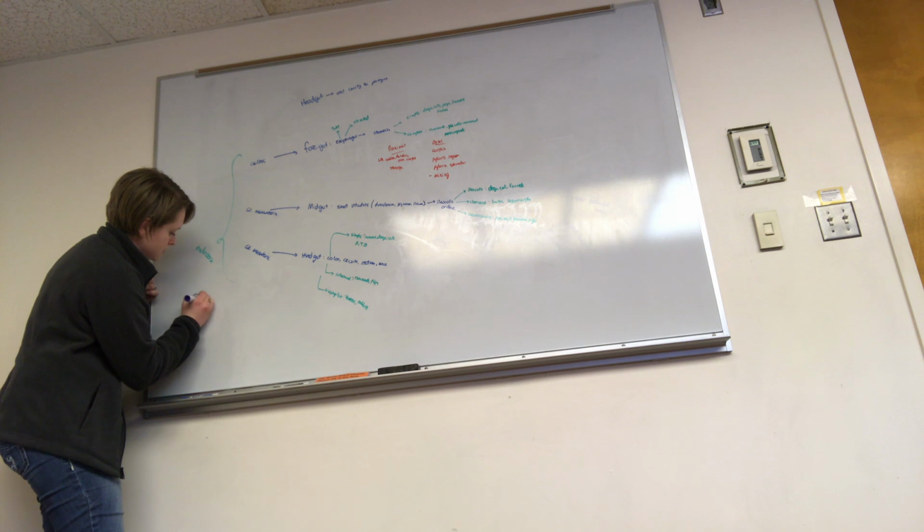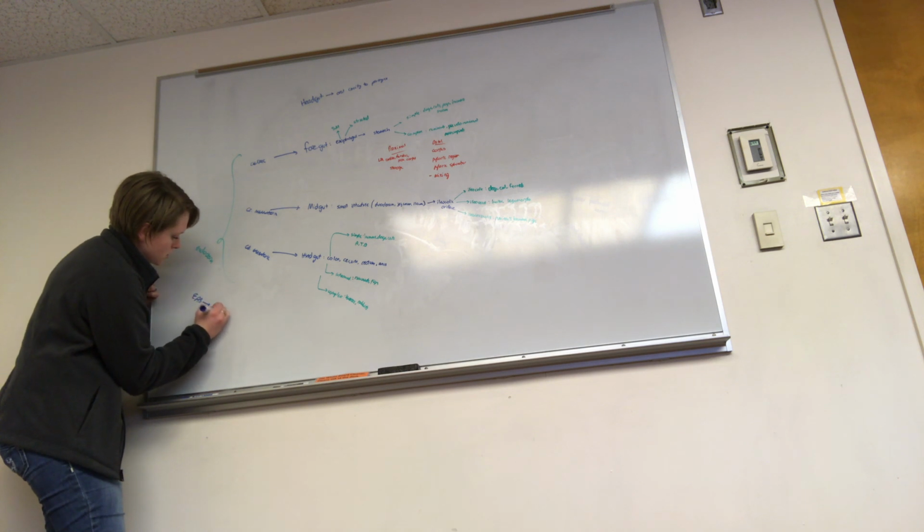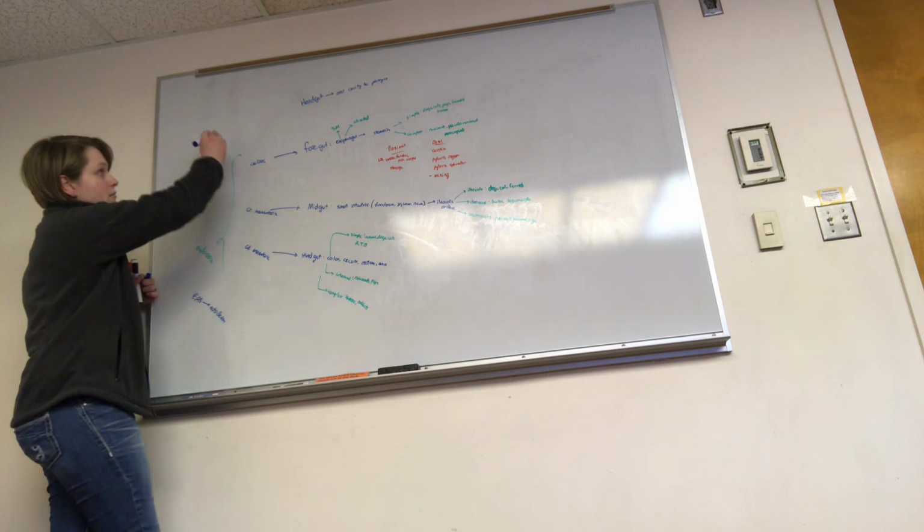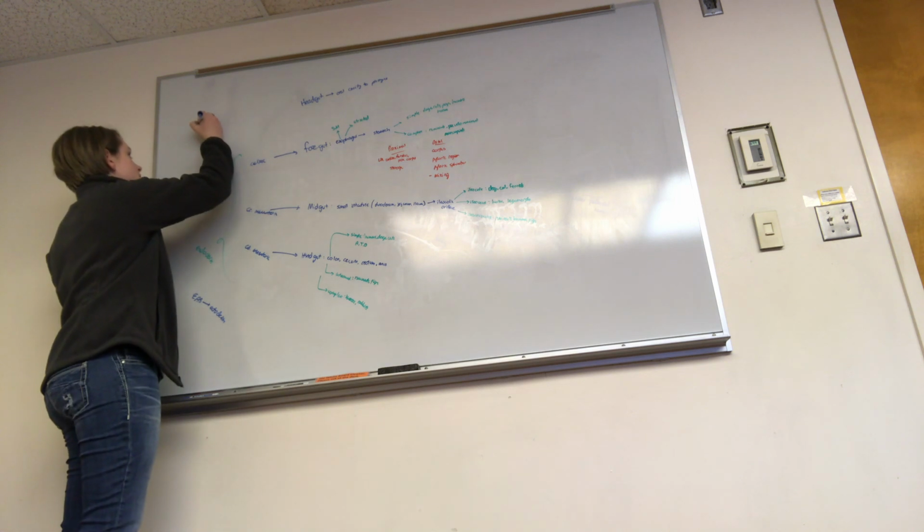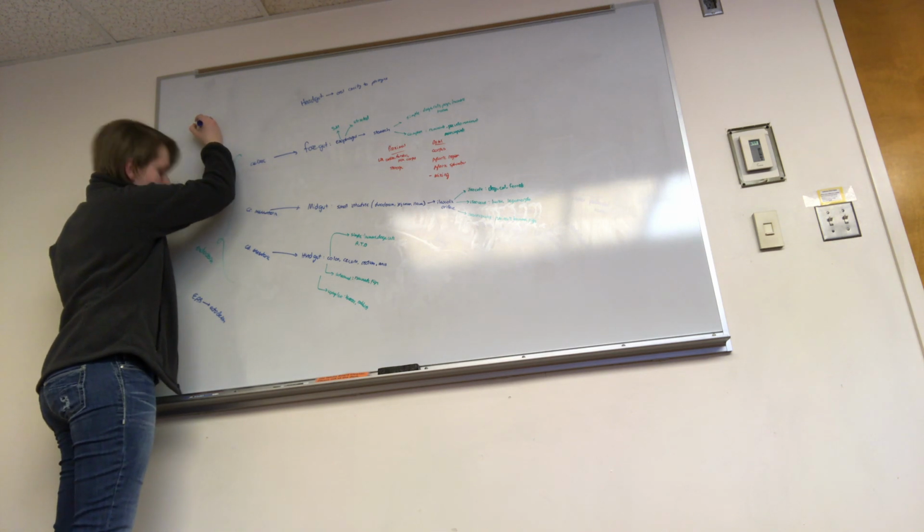So EAS is ectoderm. And up here, the head gut, oral cavity to pharynx, is all going to be ectoderm.